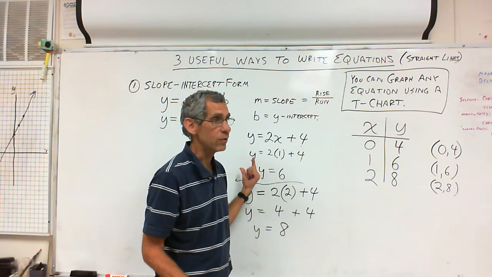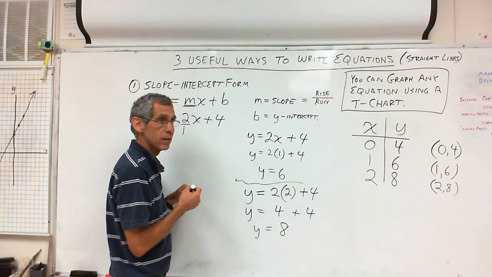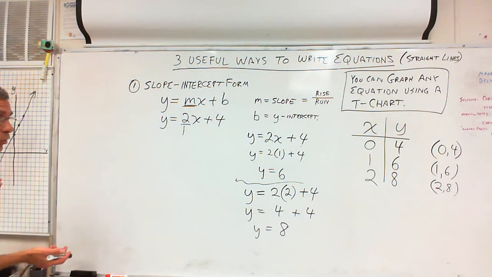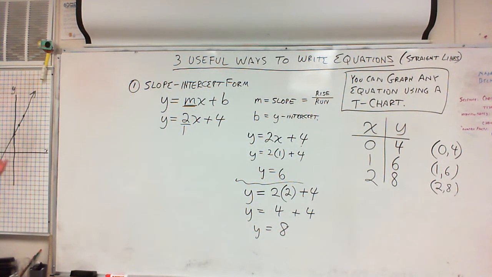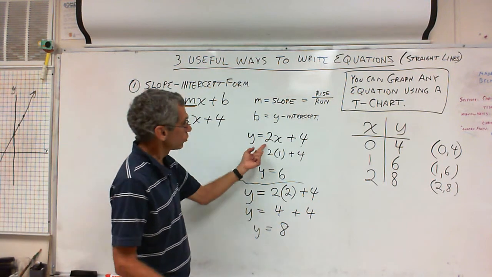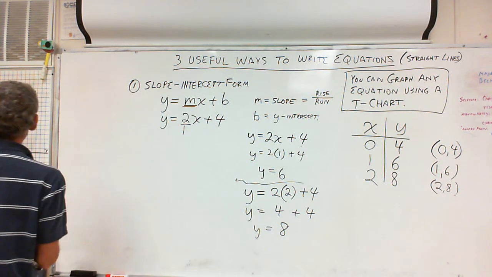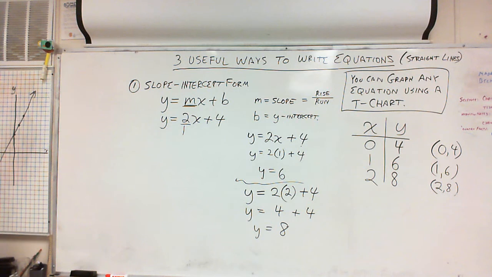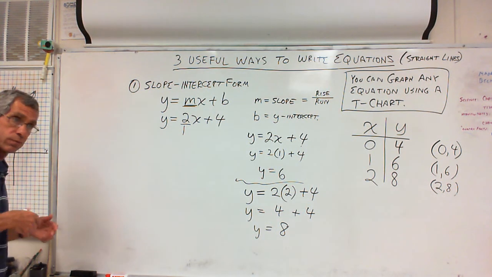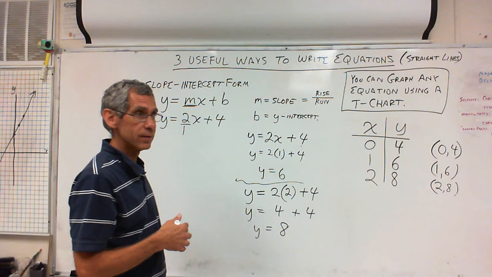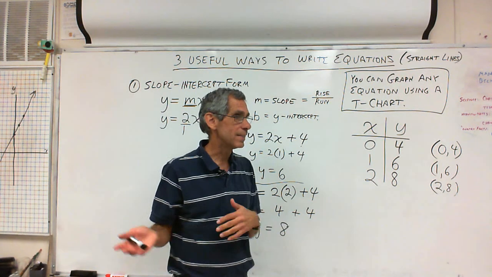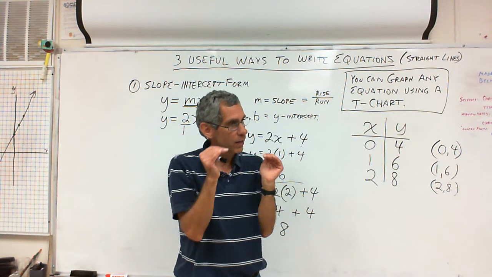If I chose 100, then y is equal to 2 times 100. That's 200 plus 4, 204. I'd have to go very high on my graph, and I'd need a very large ladder, right? It's easier to keep it in a confined area, right?